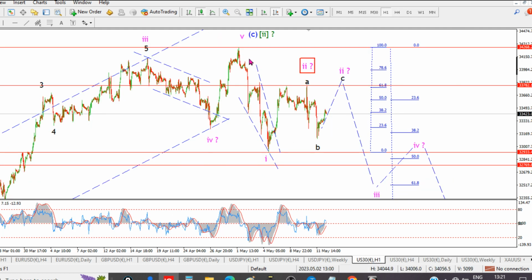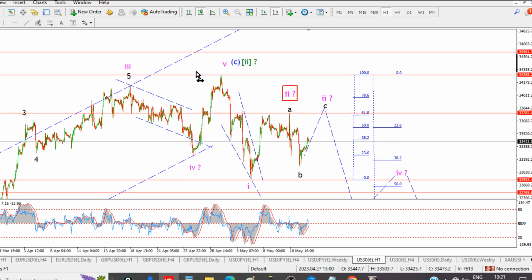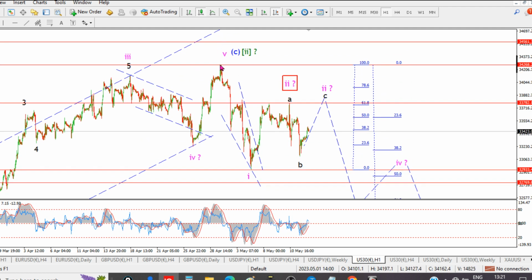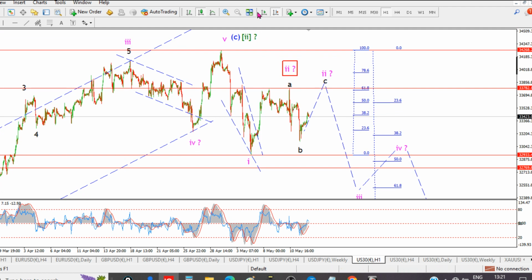So we've got the wave 2 high here, a slightly lower high by 300 points, which classifies wave 2 as a running flat correction. So that wave 2 in green there. This is wave C of 2 finishing a running flat, heading lower impulsively to begin wave 3 down.